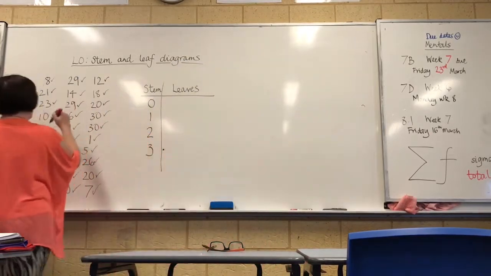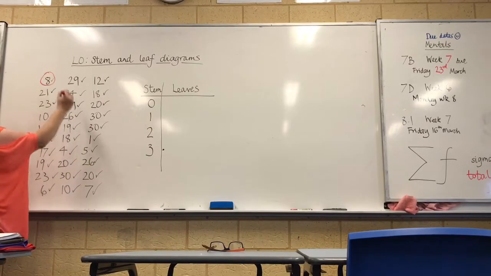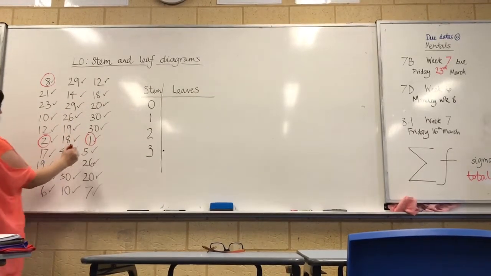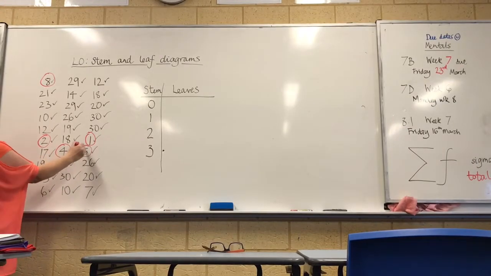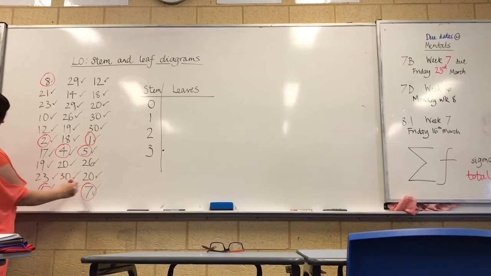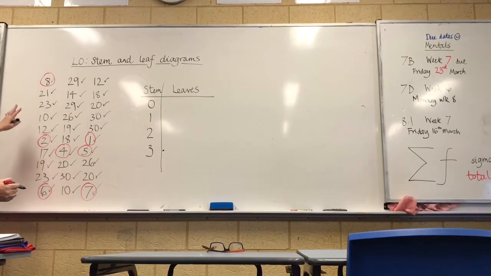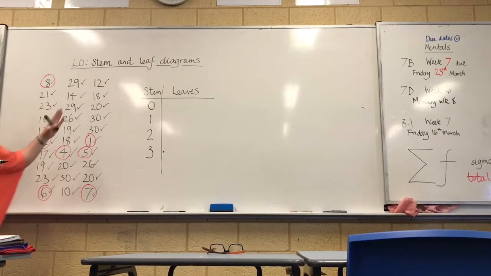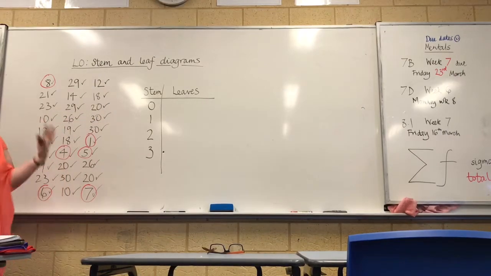I would go through my data and circle all of my ones with only one digit. Okay, so 1, 2, 3, 5, 6, 7. Are there 7 of them? Yeah, okay. So now I can transfer it from there to there in ascending order.